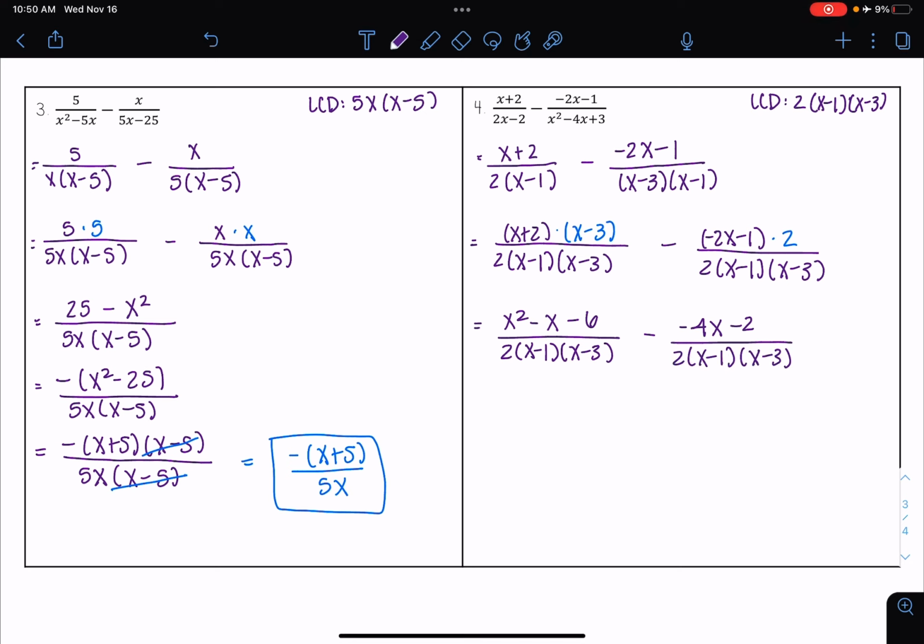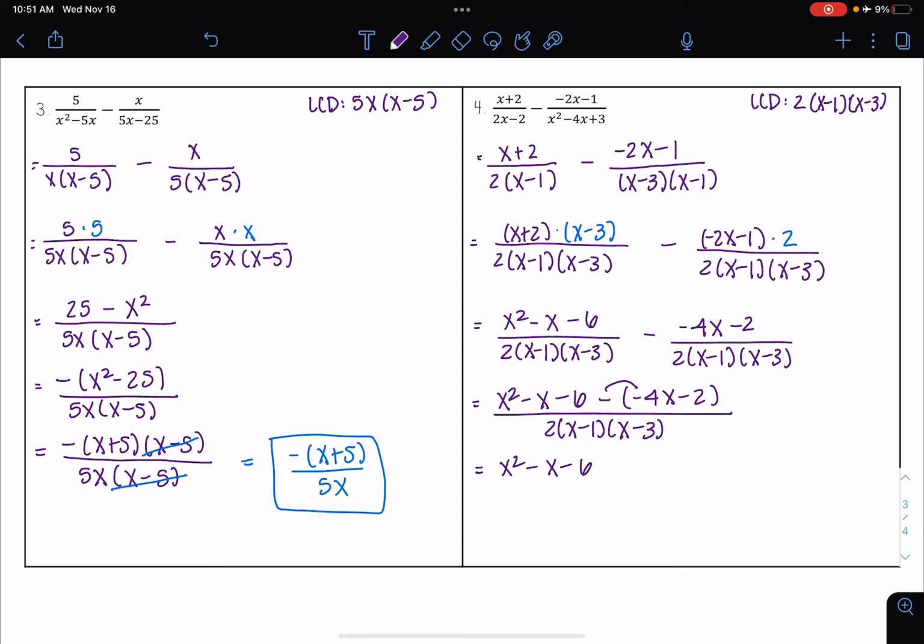And now I can subtract those numerators. And so when I do that, I have x squared minus x minus 6. And I am subtracting this entire thing, so I'm going to put it in parentheses. And when I distribute that negative, I get plus 4x plus 2.